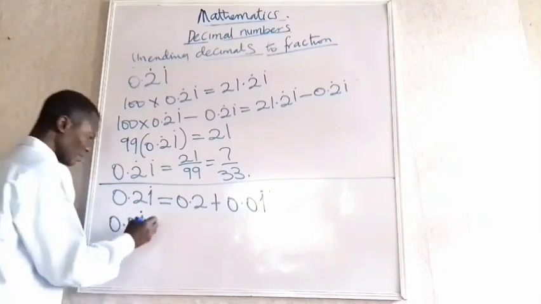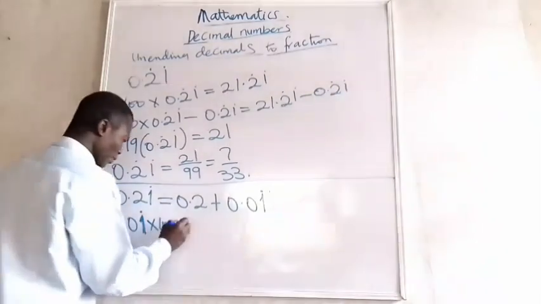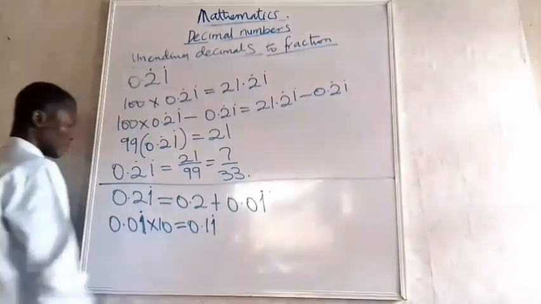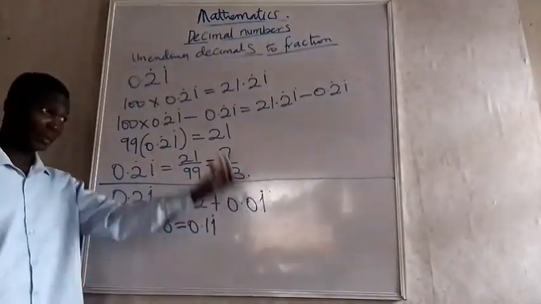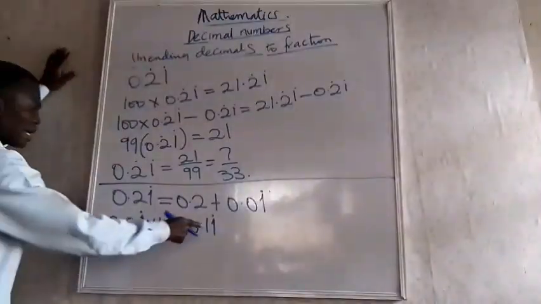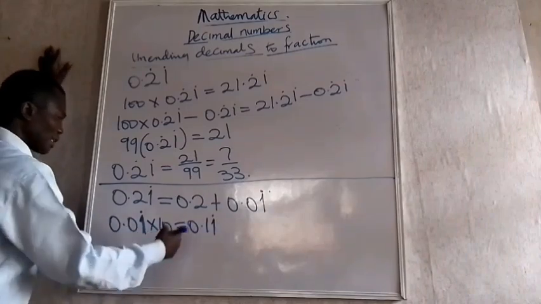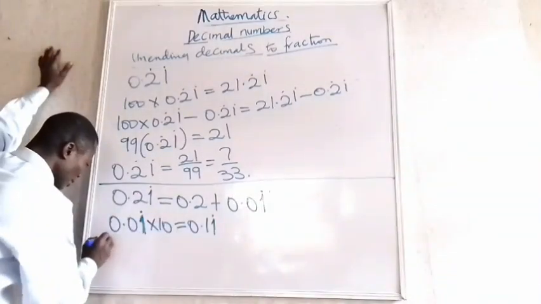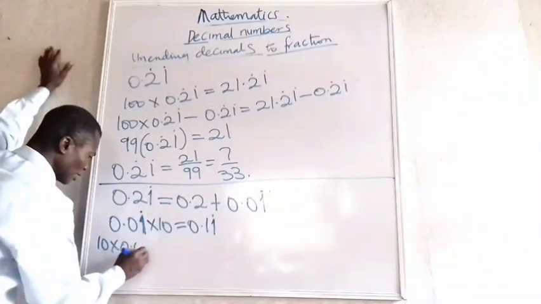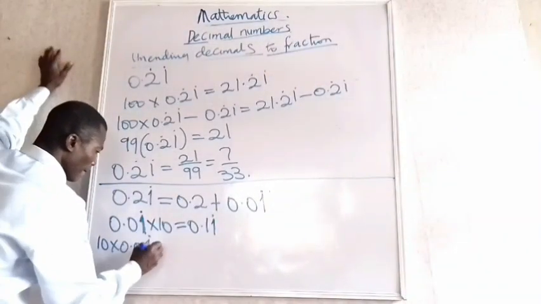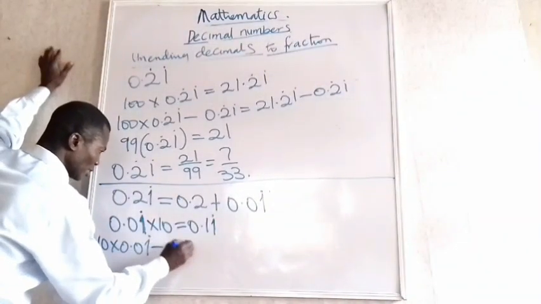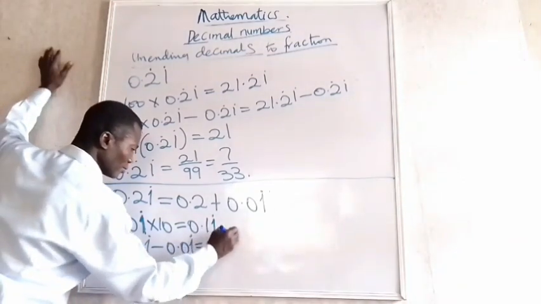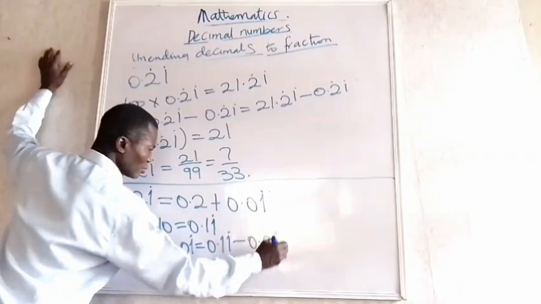Let's multiply by 10. It will give us 0.11 recurring. You can see, since it is just 1 that is being repeated. Now, since I have this 0.11, let me subtract 0.01 recurring from it. So I'm going to have 10 times 0.01 recurring minus 0.01 recurring, which is going to give me 0.1 minus 0.01.